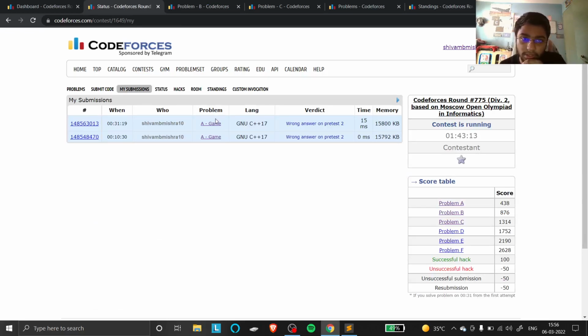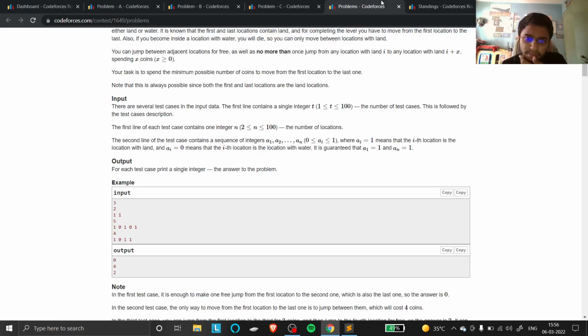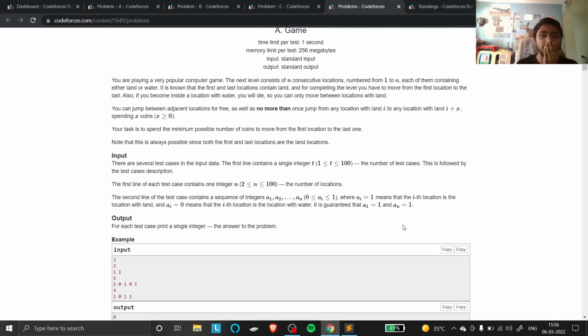Okay, let's again review the question. You can jump between adjacent locations for free, as well as no more than once jump from any location.